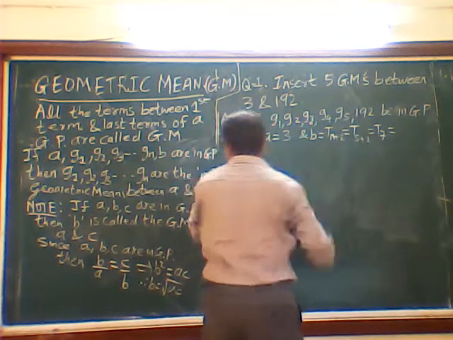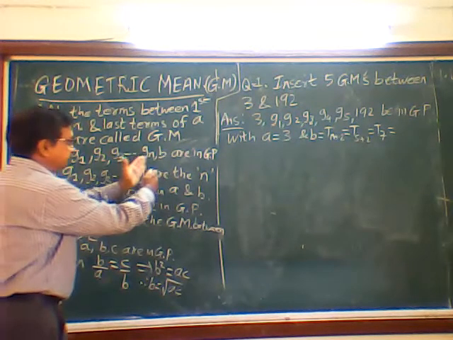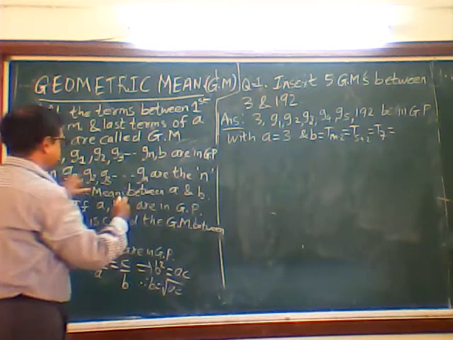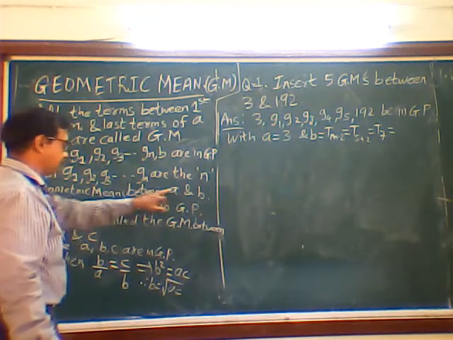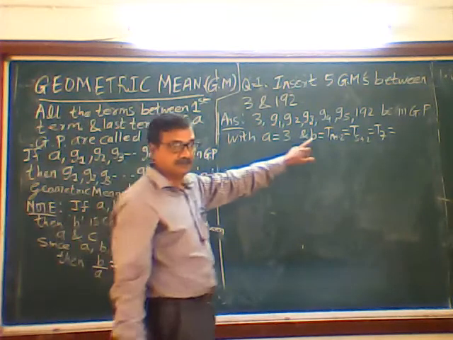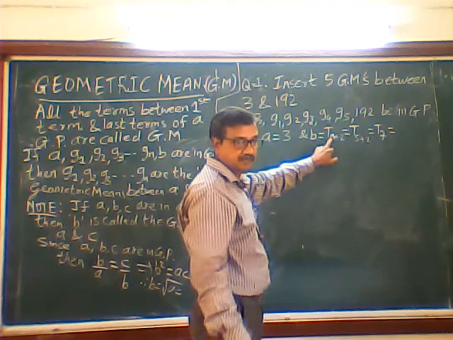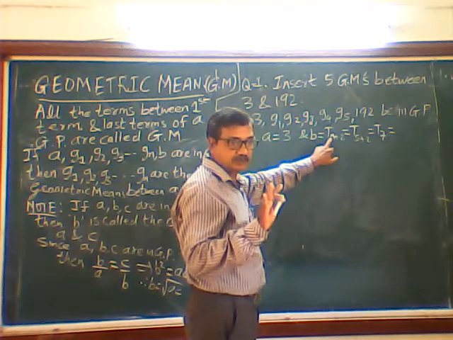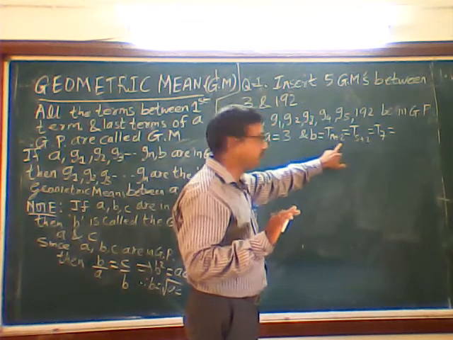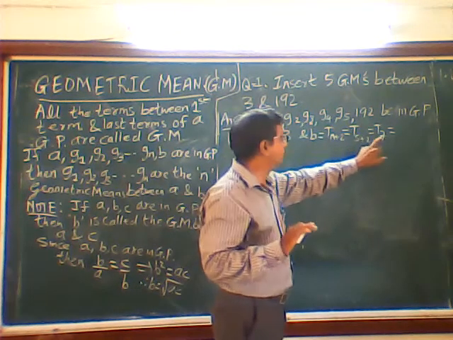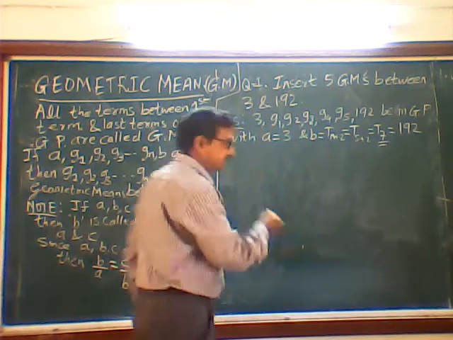According to the theory, if A, G1, G2, G3, ... Gn, B are in GP, then G1, G2, G3, ... Gn are the n geometric means between A and B. That is why B is Tn+2. If 10 geometric means were there, then 10 plus 2 would come. Here 5 plus 2, that is T7, which is 192.